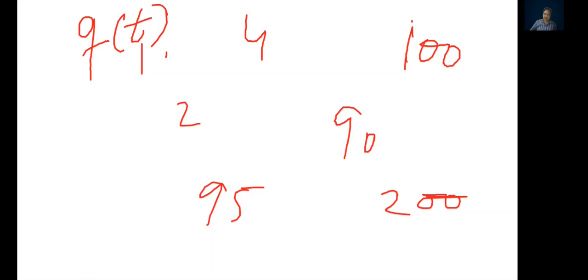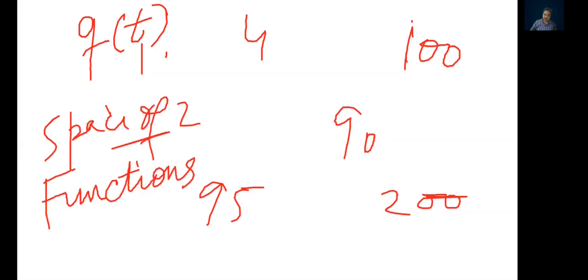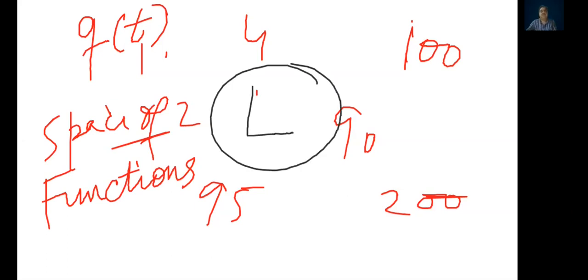So when you define these values in this space, it is basically the space of functions. So you can say the Lagrangian L is the value of this dynamical variable in the space of functions. And that is why L is called a functional.